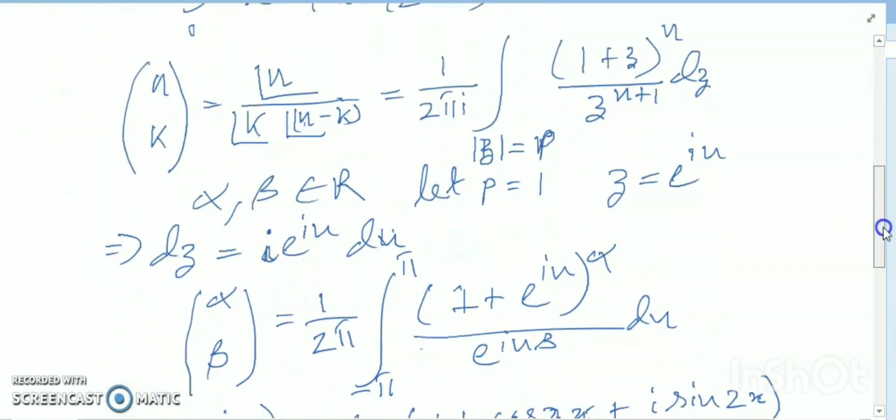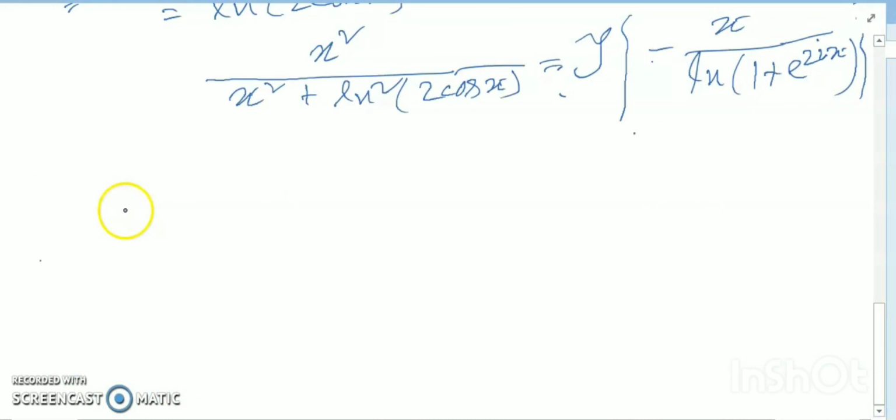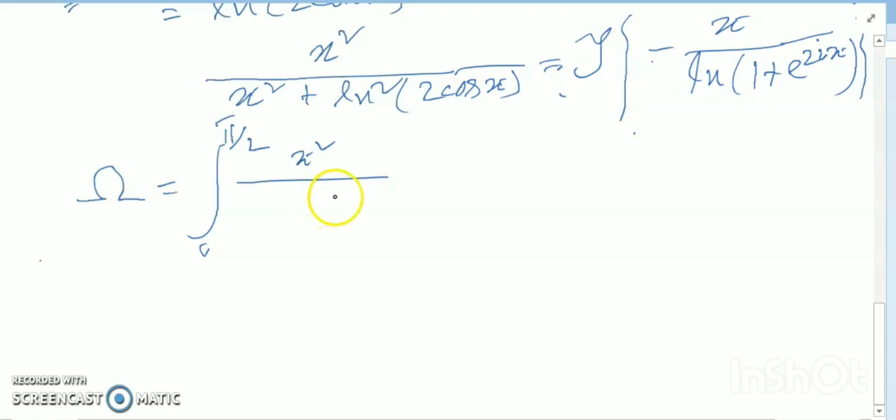So I can write omega equals the integral from 0 to pi by 2 of x square divided by x square plus ln square 2 cos x dx.